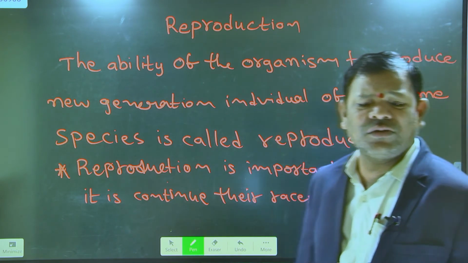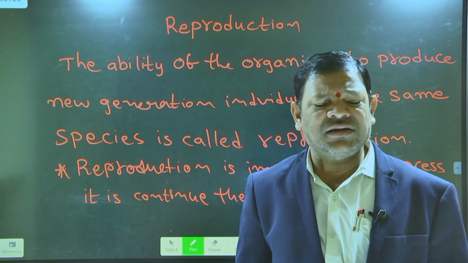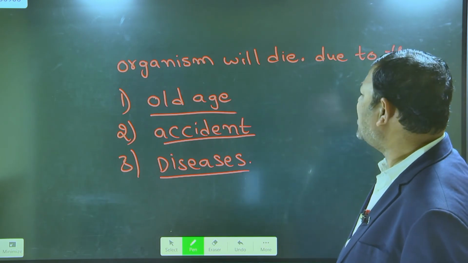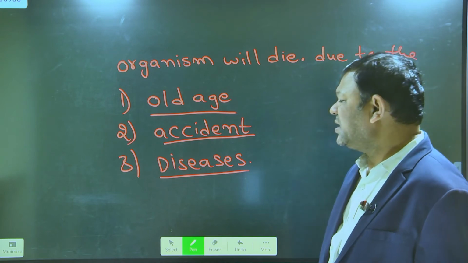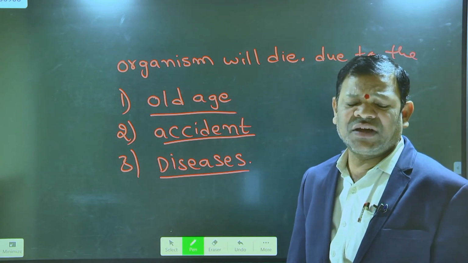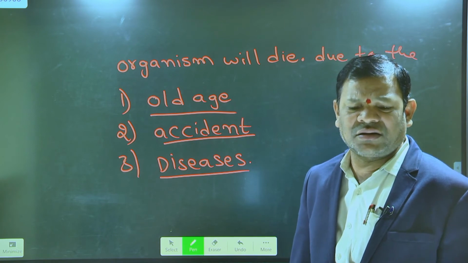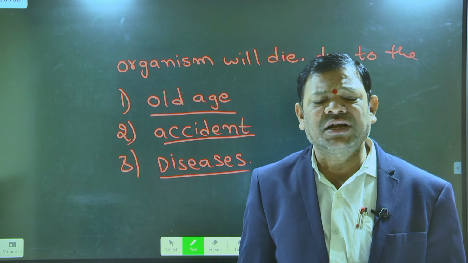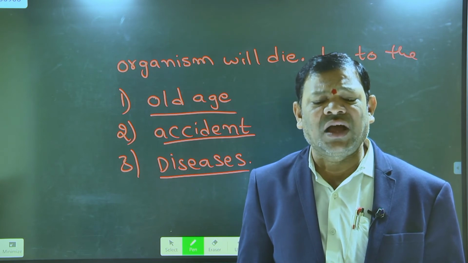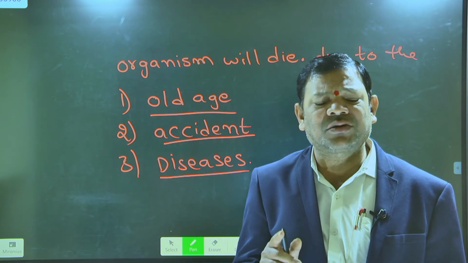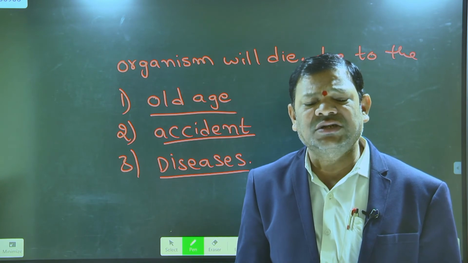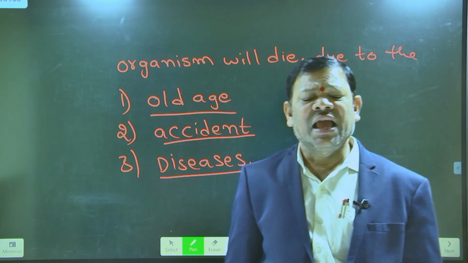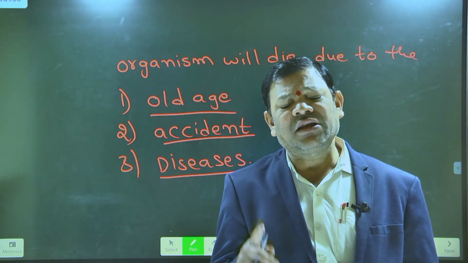Every organism will die due to old age, accident, or diseases, which can occur at any time. If there is no reproduction, there is no continuity of their races. Continuity occurs through reproduction only. So they can increase their number and continue their number.